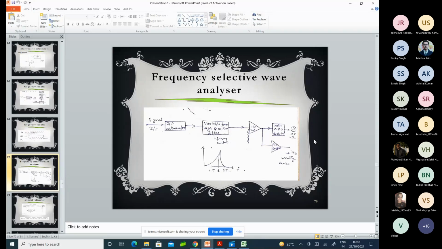This discrete Fourier transform is an algorithm, and sometimes it becomes very tedious to do. Then you do the fast Fourier transform, called the FFT, which is very popular among us, and you mostly know this term FFT, fast Fourier transform.